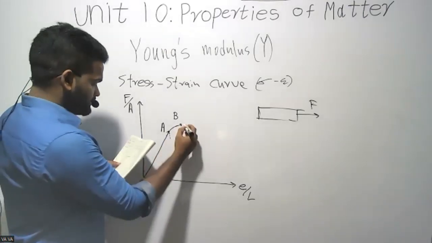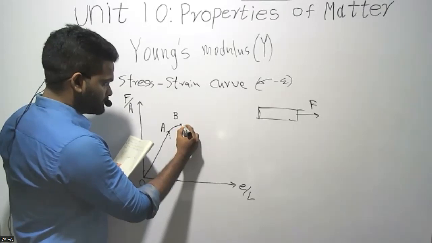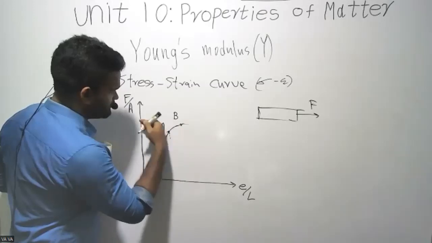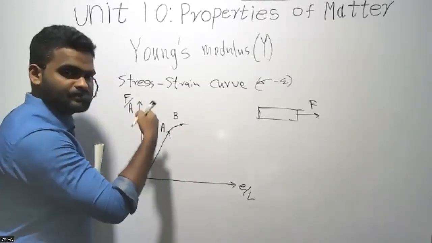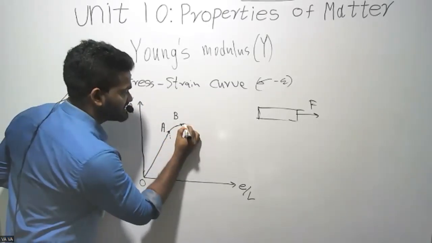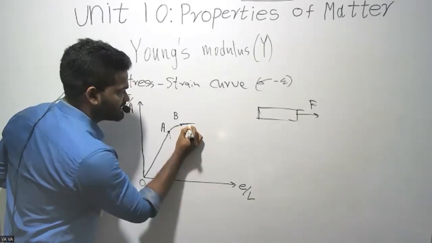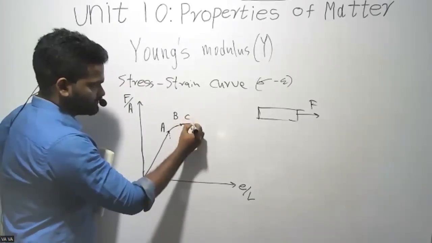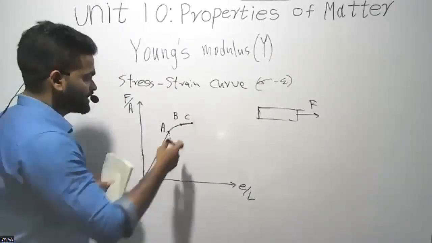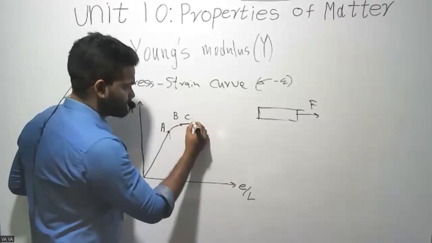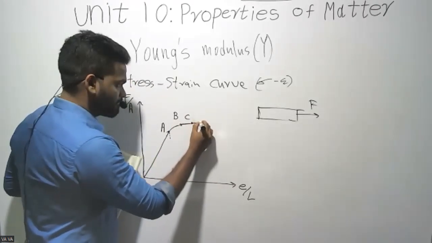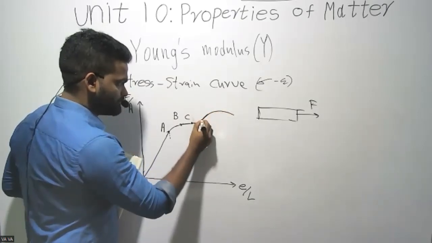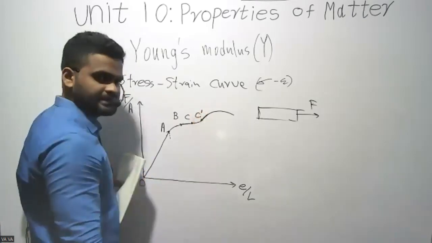Then there's another point called the yield point. Yield point means when you further apply stress, it extends. If you further keep increasing the force, it gets a shape like this and comes to a point called C dash.